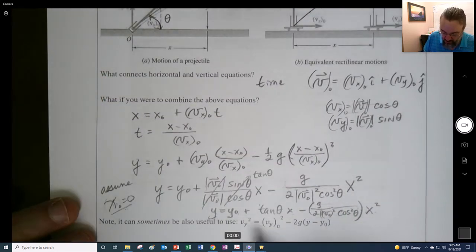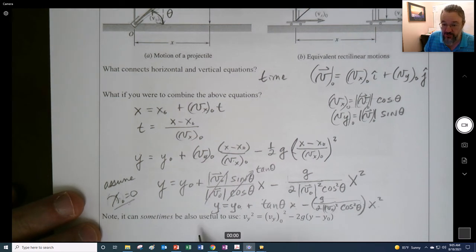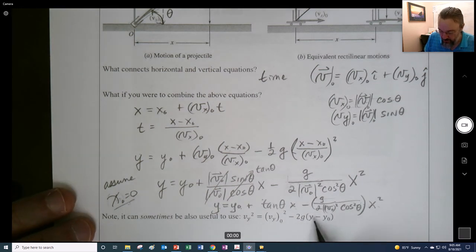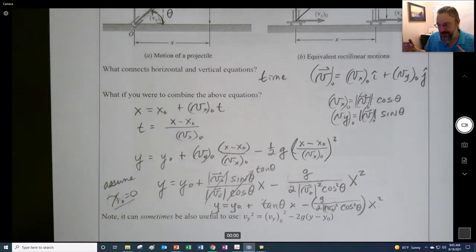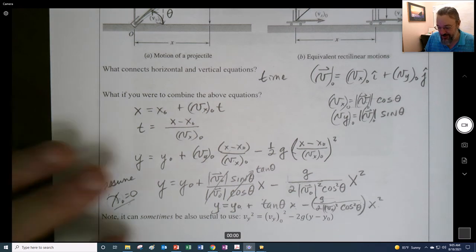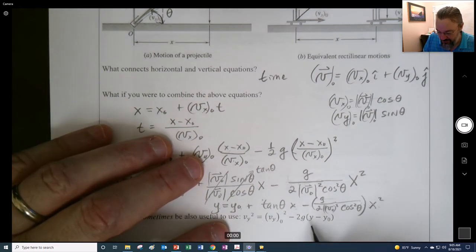Another kinematic equation that is true for projectile motion, in the y direction, is one we can use when we're dealing with something with constant acceleration.